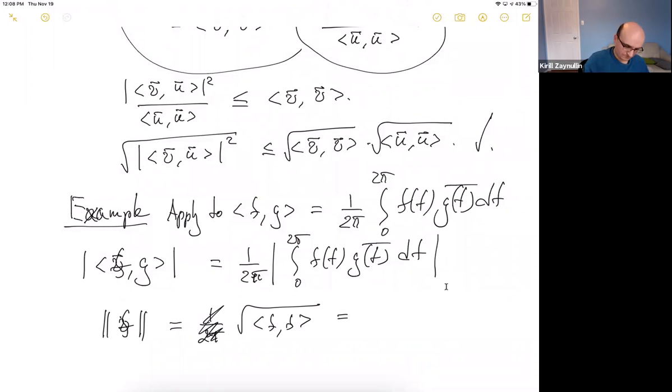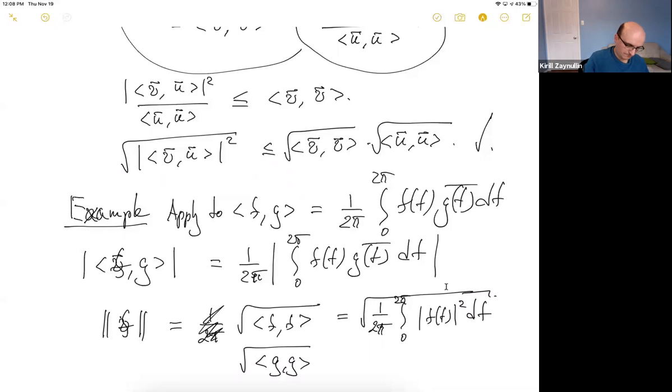It's the square root of 1 over 2 pi of the integral from 0 to 2 pi of f(t) squared. And respectively for g comma g, we get the square root of this integral, right?